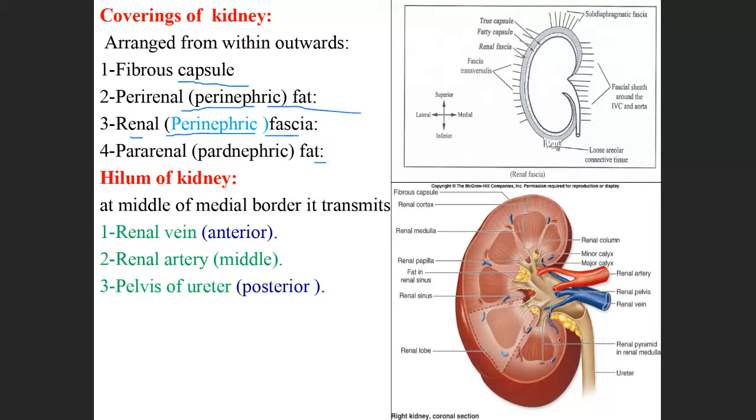So where is this fat present? The fat is surrounding all this area. All this area is surrounded by fat.